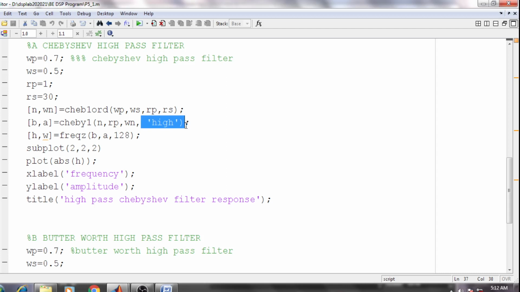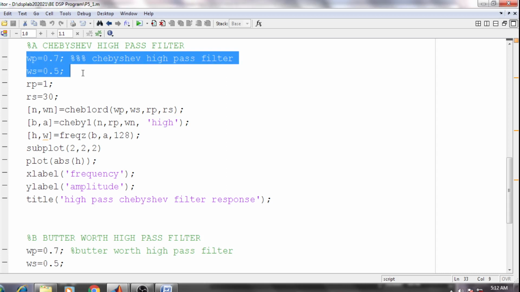The WP and WS values are enough to tell the difference between the low pass and high pass filter. But since you are watching MATLAB for the first time, I did this identification.